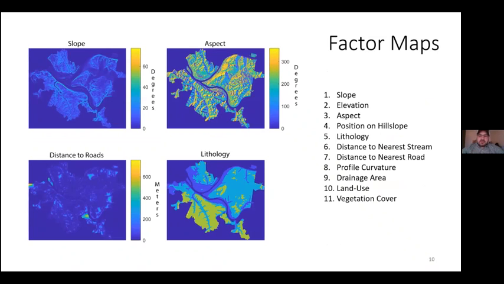Most of these variables were self-created through a bare earth DEM. However, others were acquired through PASDA, Pennsylvania Open Data Access, for some of these categorical variables, such as lithology and land use.